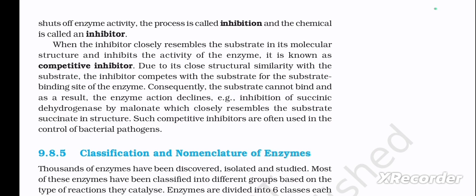Consequently, the substrate cannot bind and as a result the enzyme action declines. Example: inhibition of succinic dehydrogenase by malonate, which closely resembles the substrate succinate in structure. Such competitive inhibitors are often used in the control of bacterial pathogens.